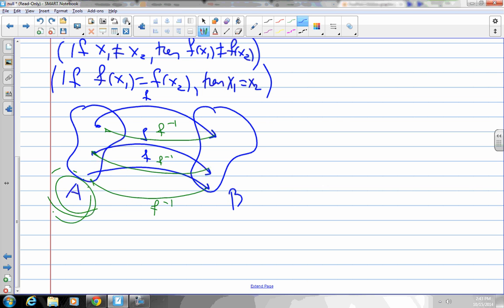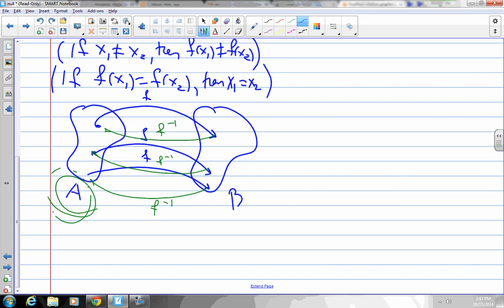So f goes from A to B. Domain of f is A, range of f is B. What is the domain of the f inverse? B. That's where the f inverse starts. What is the range? A. So those two flip, right? As we expected, x and y flip.